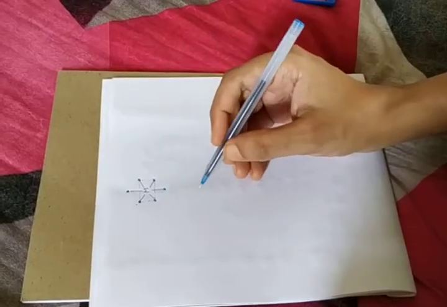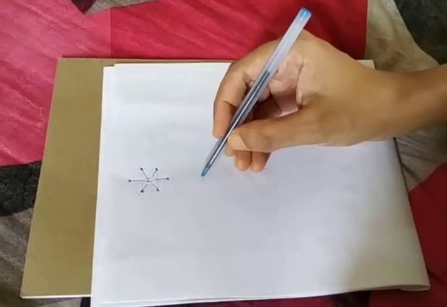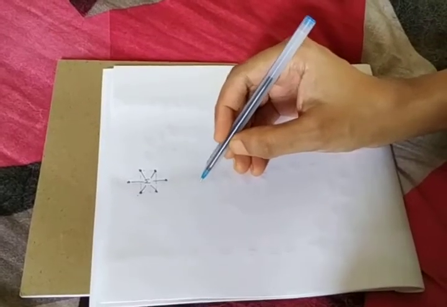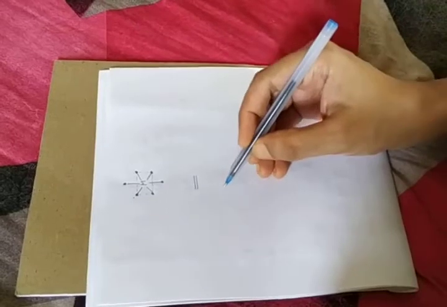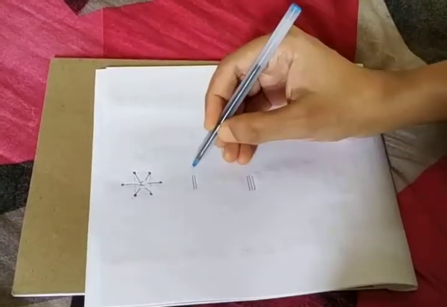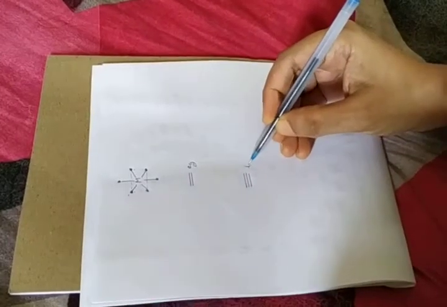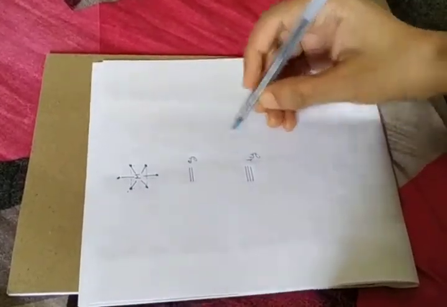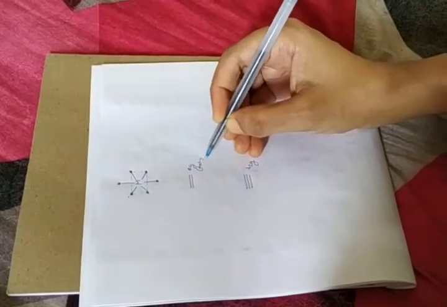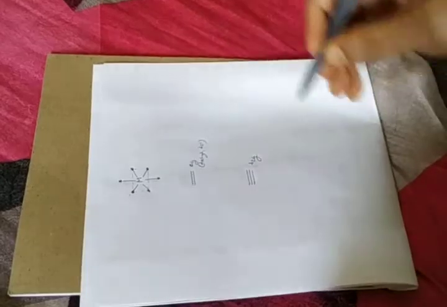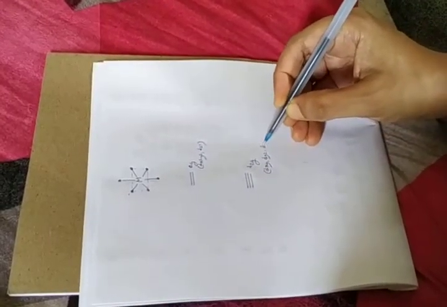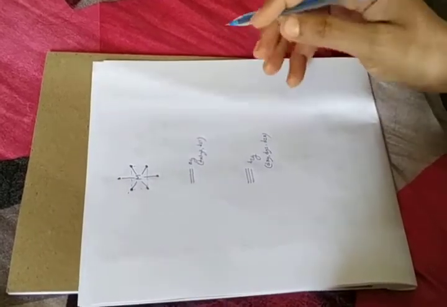So definitely from crystal field theory we know that the 5 d orbitals will be split into eg level and t2g level. Here the two orbitals are dx2-y2 and dz2, and here dxy, dyz and dzx.